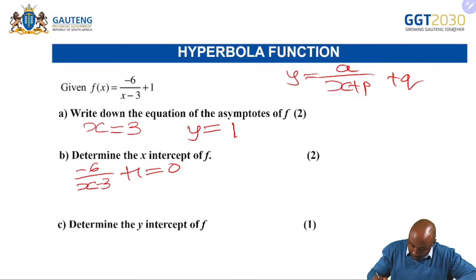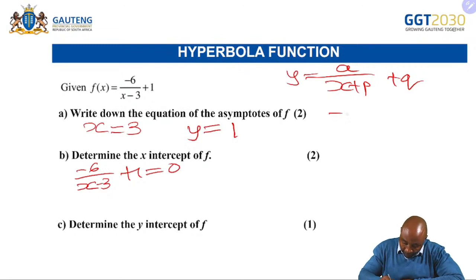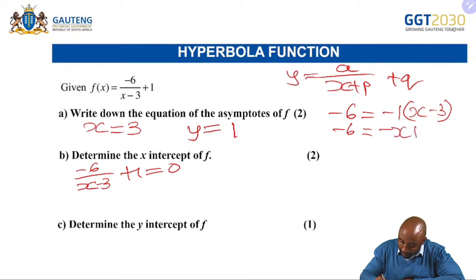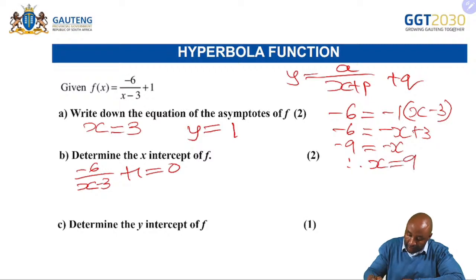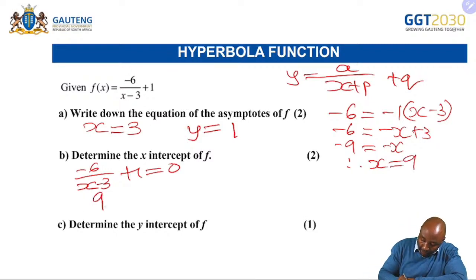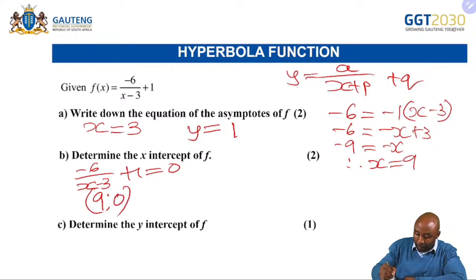Now, we can rearrange and get negative 6 is equal to negative 1 times x minus 3, and this gives us negative 6 is equal to negative x plus 3, and then that will give us negative 9 is equal to negative x. Therefore, our x will be equal to 9, and we get our x-intercept as (9, 0). Method and answer, you get your 2 marks.